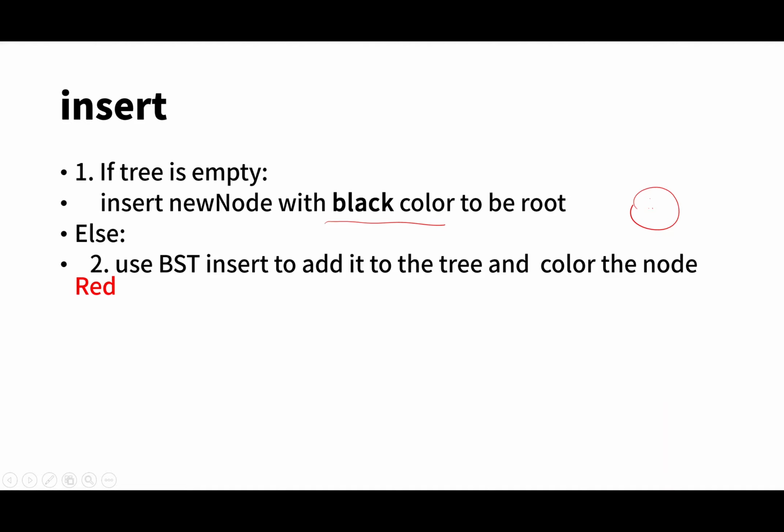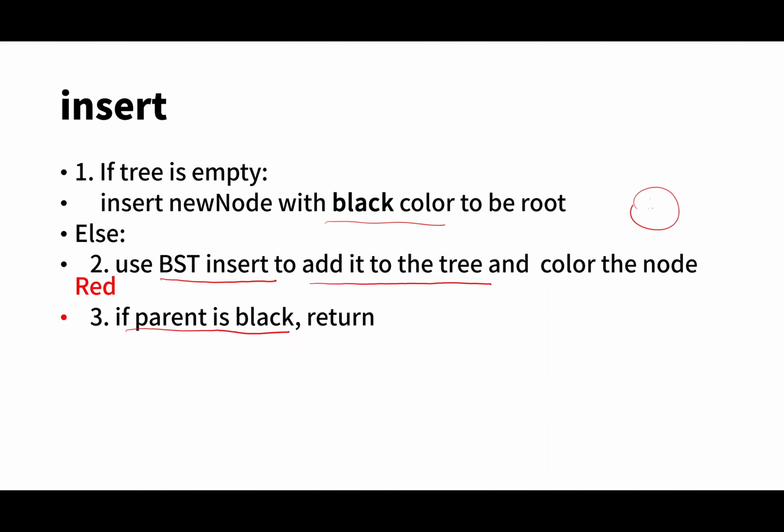Else, if the tree is not empty, we use the binary search tree insert operation to add the element to the tree and color the node red first. Then we check if its parent is black. If the parent is black, then okay, we did not destroy the properties of the red-black tree.